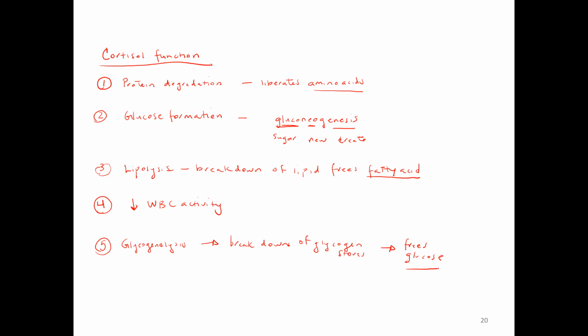The glucose would then be freed to use in the blood for manufacture of ATP. So glycogenolysis is the breakdown of glycogen stores. Gluconeogenesis is taking certain amino acids or lactic acid and making available glucose, new glucose.